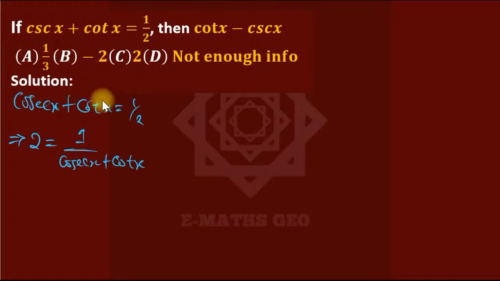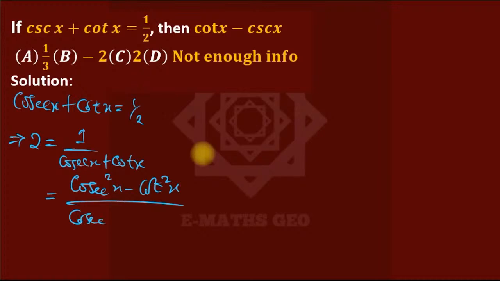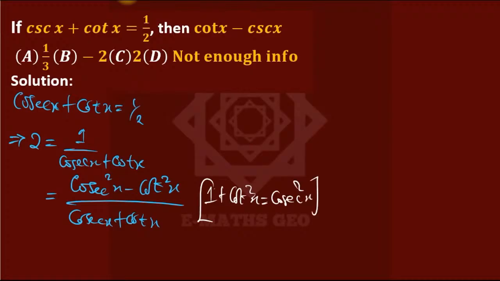Because assuming we cross multiply, cosec x plus cot x times 2 is 2 times cosec x plus cot x. So we just swapped, so we are still correct. And now we can write 1 as cosec squared x minus cot squared x, yes, from the Pythagorean identity: 1 plus cot squared is equal to cosec squared. So we are still correct.